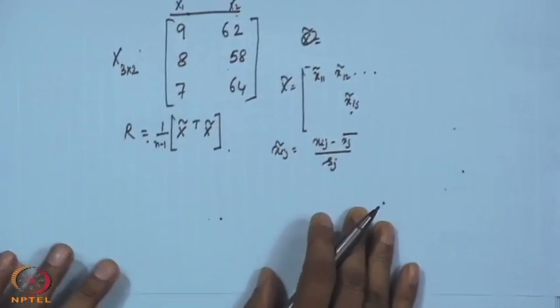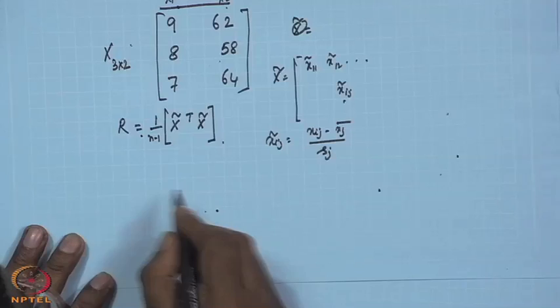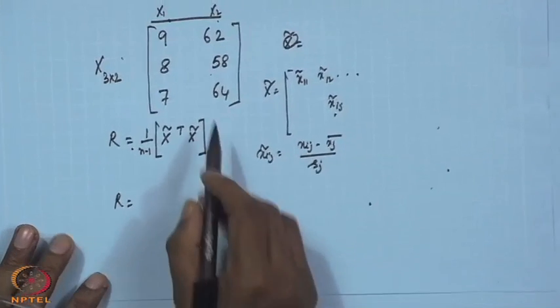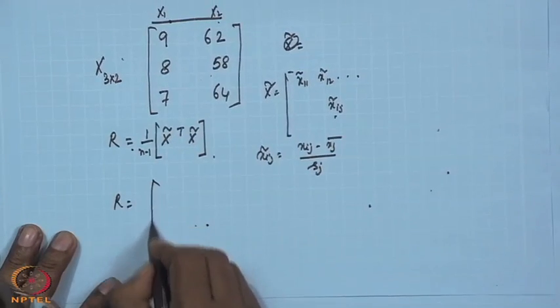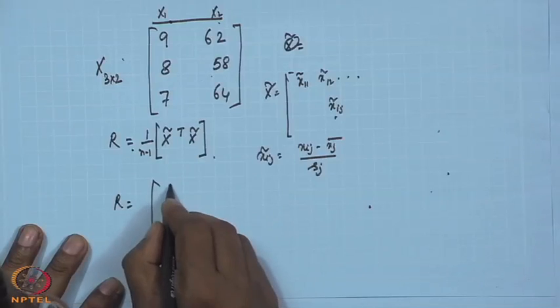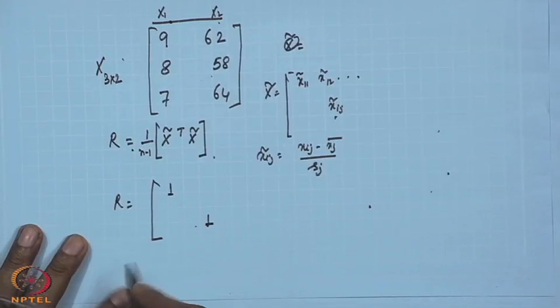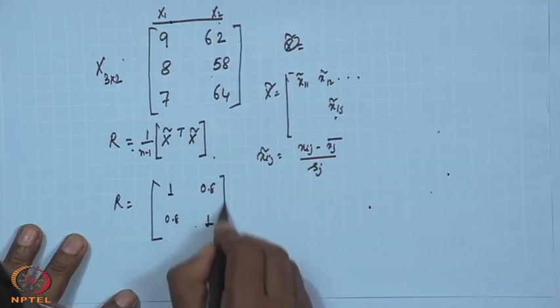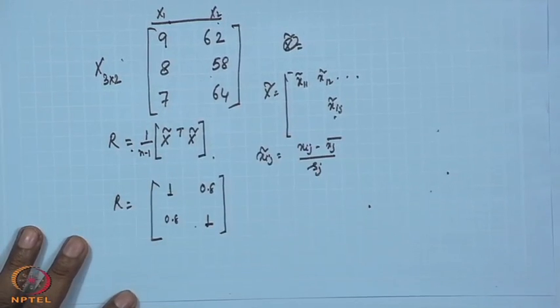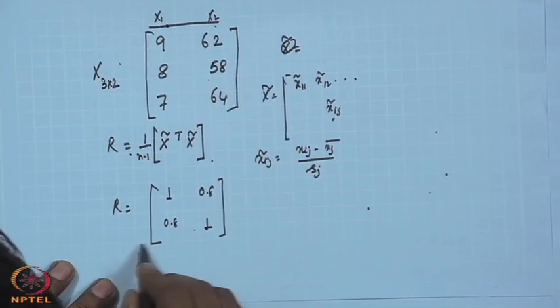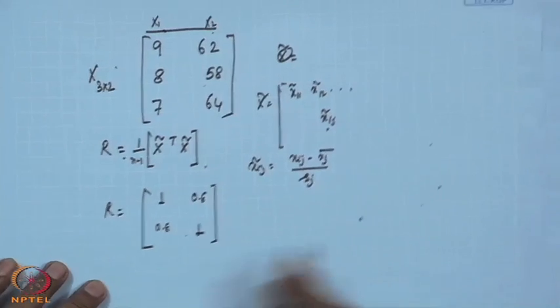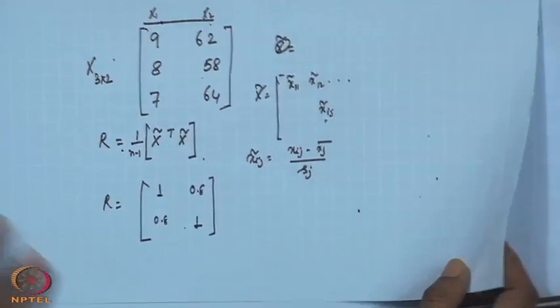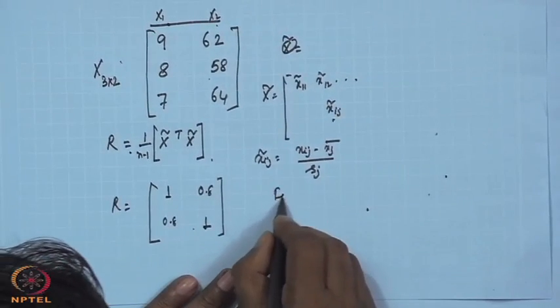Once you get the R value, suppose, for example, I am giving some arbitrary value here. Suppose R is 1 and 1 on the diagonal, and let us take 0.8 off the diagonal, although it is not actually like this. So, you got the R value. What is required to do? You need to find out the eigenvalues.